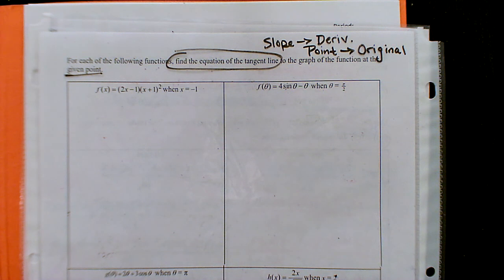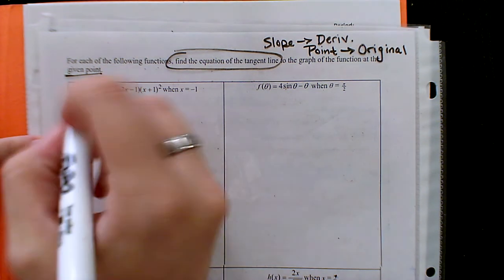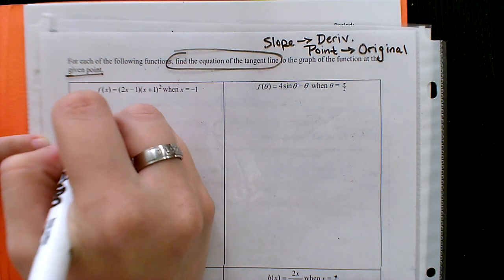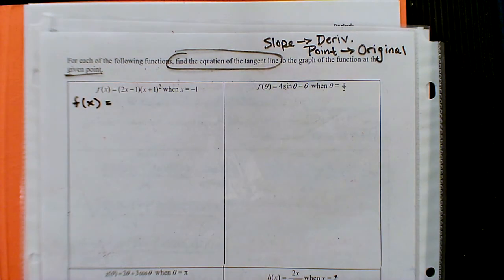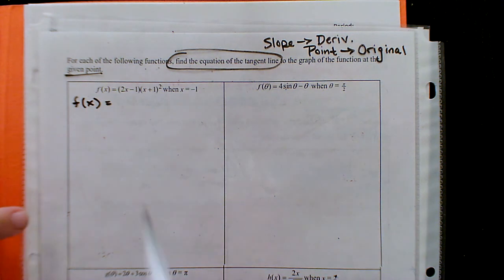What do you feel like doing for this one? Let's expand it, okay? So we'll do some distribution. We need to get it into polynomial form. We need x's to powers in order to use our power rule, meaning no fractions, no parentheses, nothing like that.